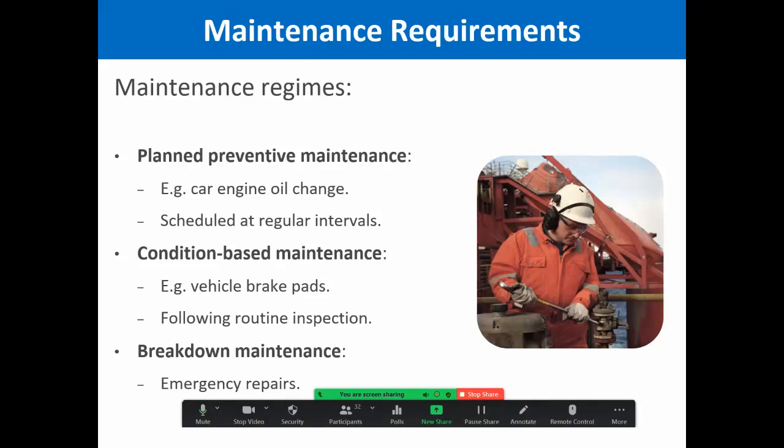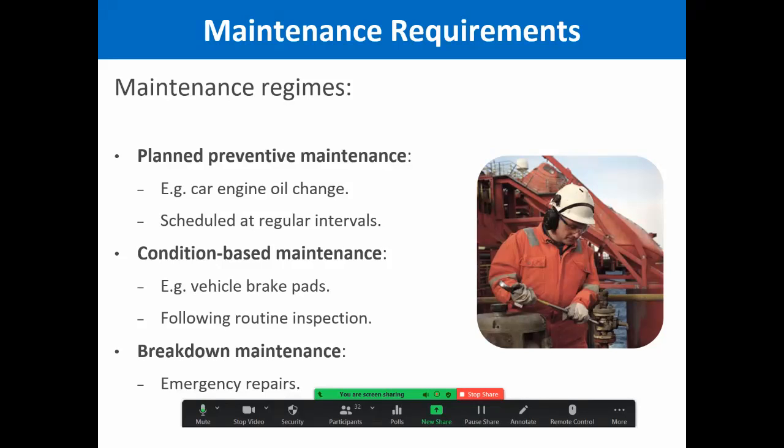That is why they will have to replace the brake pads earlier. So that is condition based maintenance, where the condition of the components of the equipment has deteriorated. They have been subjected to wear and tear, and you need to change them. This can be raised during the routine inspection.